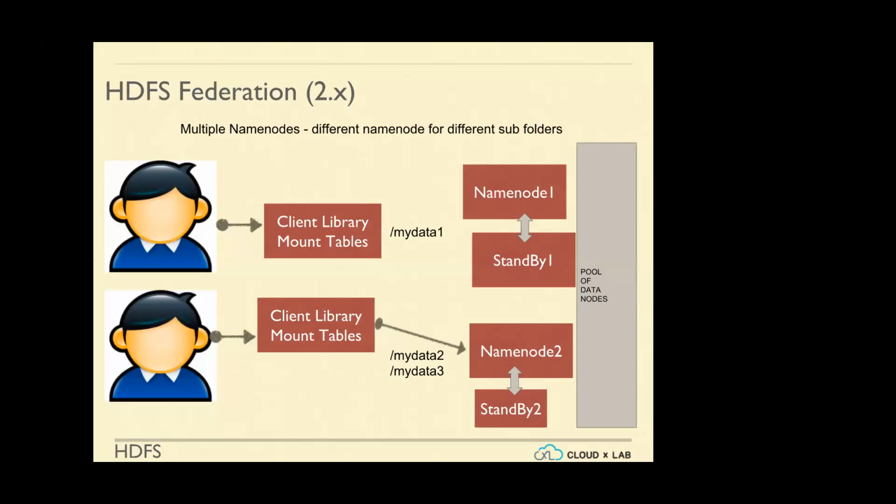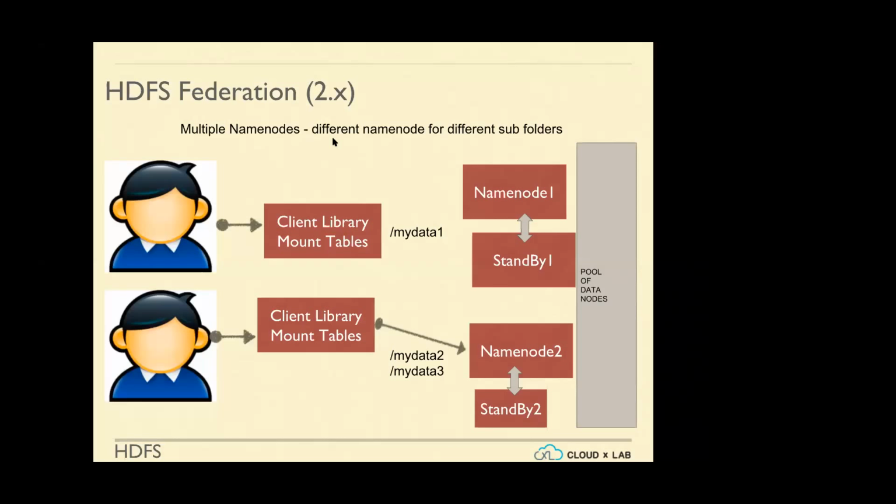Question from Noor: why do we have a pool of data nodes when two name nodes don't share data nodes? No, the name nodes are sharing the data nodes. All right.